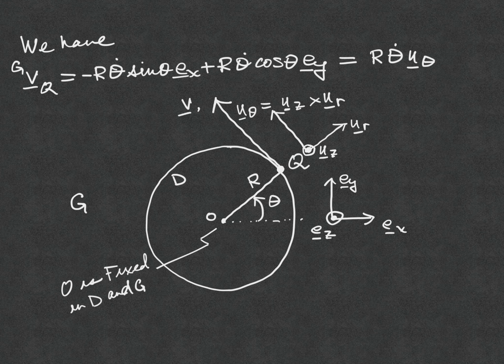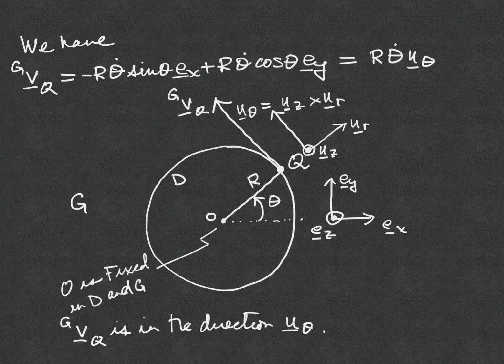But this is the velocity of point Q in G, and the velocity of point Q in G is in the direction u theta. And you'll notice that u theta is tangent to the circle. That would make sense because this is circular motion, so you would expect that velocity to be tangent to the circle. So it's consistent with the geometry.